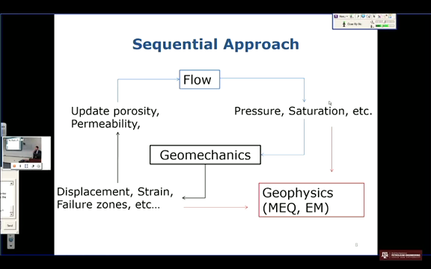Then we get the solution of the geomechanics: displacement, strain, and failure status. Then we update the porosity and permeability, or compressibility in the case of elastoplasticity. For the geophysical modeling, from the solution of the flow and geomechanics, we can simulate microseismic and electromagnetic geophysical responses.